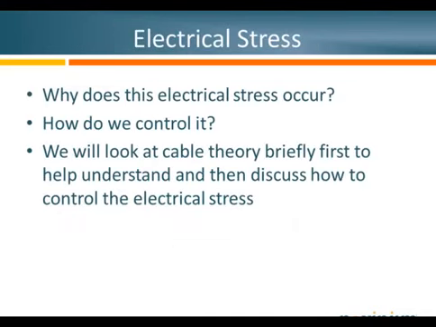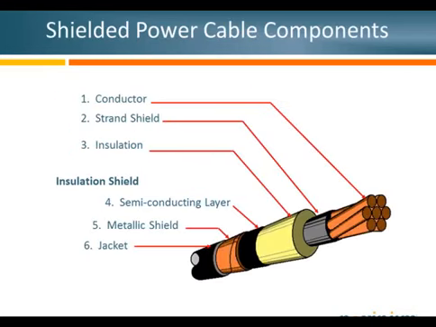So we have this electrical stress. Why does it occur? How do we control it? So let's look at shielded power cable theory briefly. This is a typical power cable and the components of it. We'll talk briefly about each of the components.